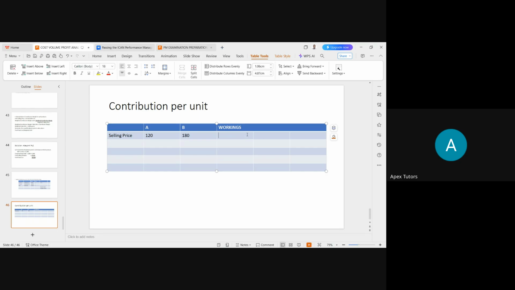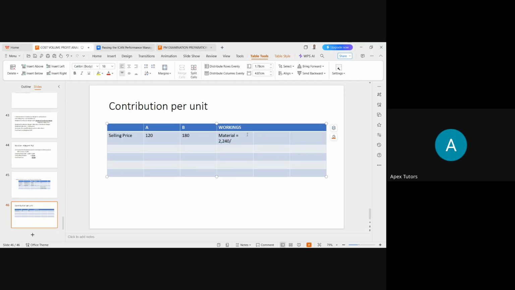For material, it will be 2,240 divided by 70. You should have 32. That is for product A. For labor, it will be 1,120 divided by 70.